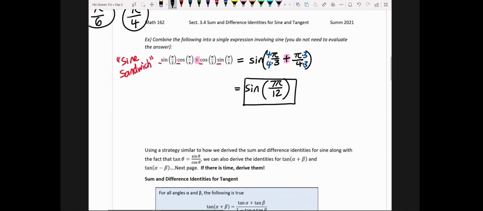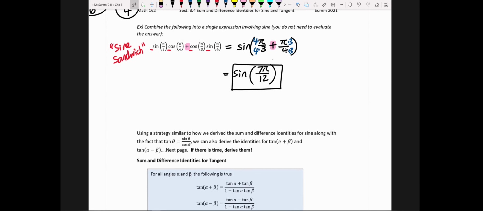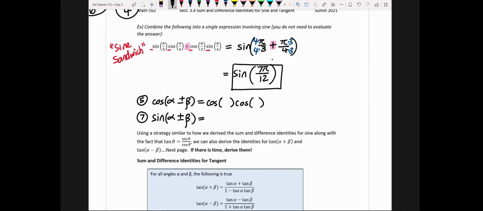Okay, so we'll recap right here that identity group 5, that was cosine of alpha plus or minus beta. Identity group 7, sine of alpha plus or minus beta. So using the jingle for cosine, we went cosine, cosine, change the sign, and then we had sine, sine.